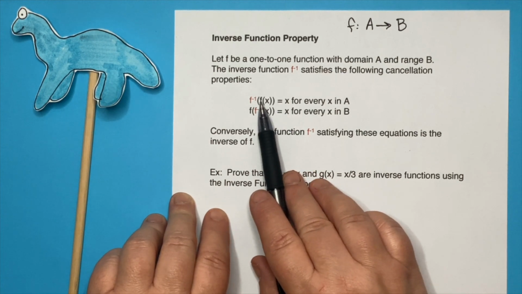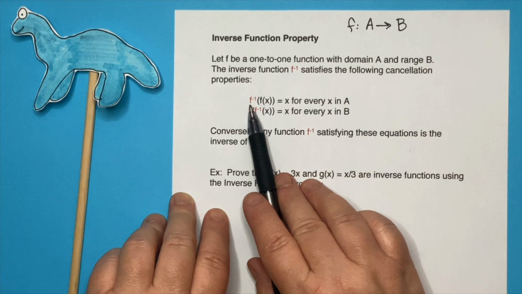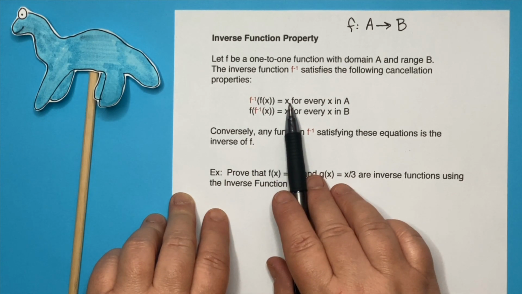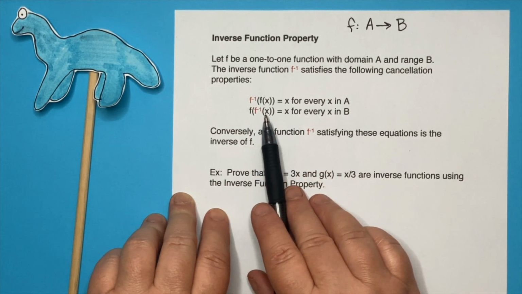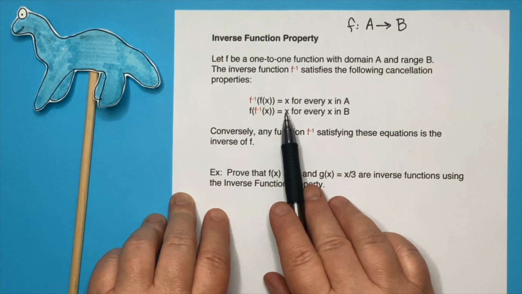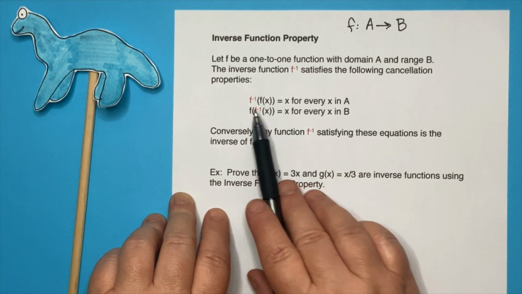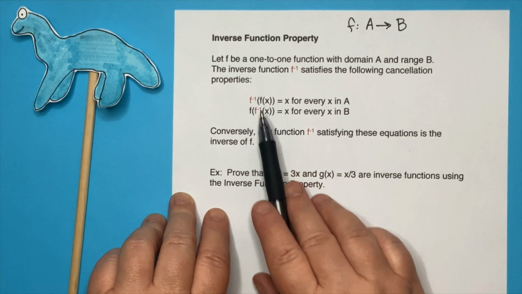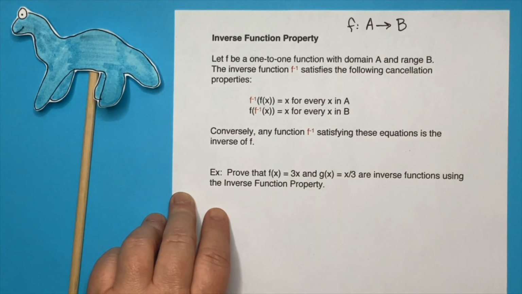So if you put x into f and then you put that into f inverse, you have to get back to x. Or if you take x and put it into f inverse and then put that into f, you have to also get back to x. So you have to be able to use f inverse either on the outside or the inside, and it has to cancel out or undo f.